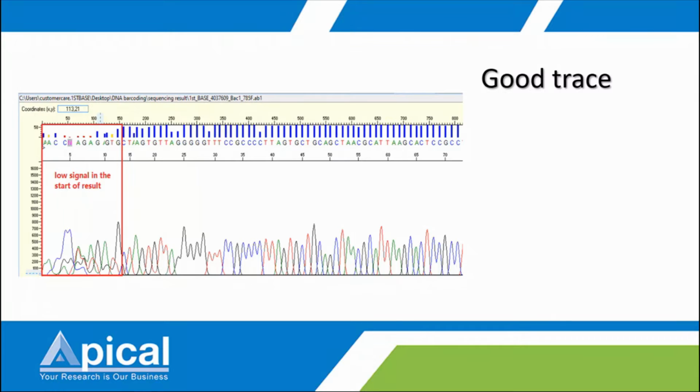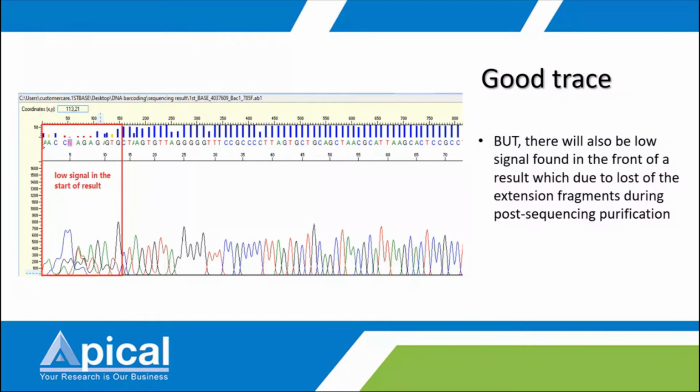In sequencing results, it is common that you will see some low signal in the front part, because as I mentioned just now, after the cycle sequencing we perform a post sequencing purification.